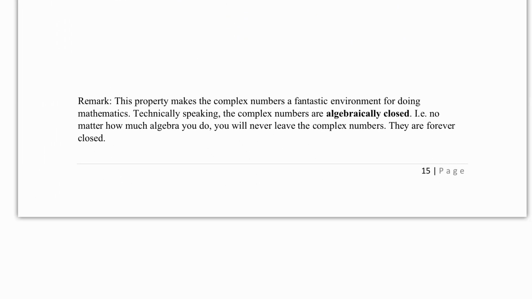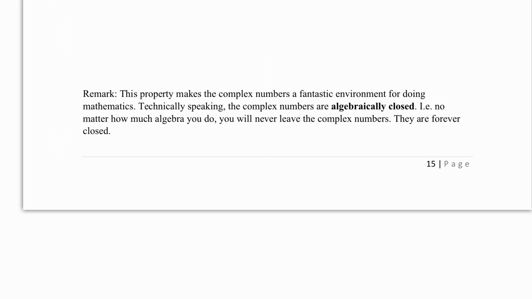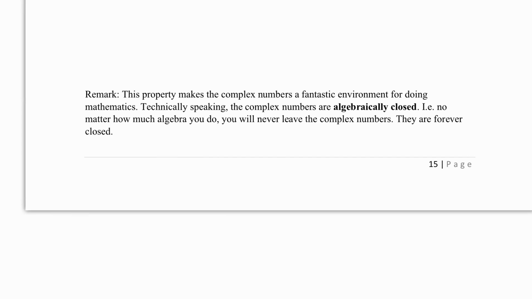Now, like I mentioned earlier, these complex numbers are fantastic because of this property, the fact that whenever you have an equation with any kind of polynomial and complex coefficients, you still get complex solutions. This property makes the complex numbers a fantastic environment for doing mathematics. Technically speaking, the complex numbers are algebraically closed. That's the technical term, algebraic closure.